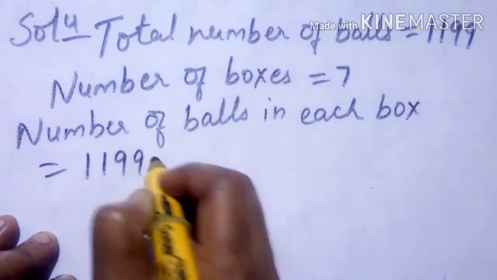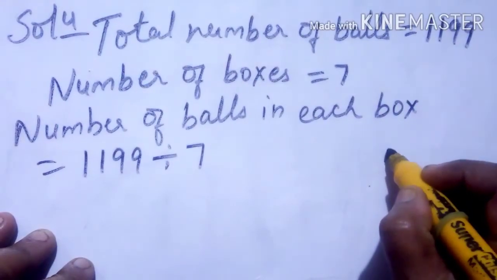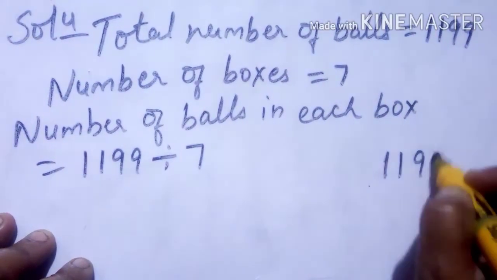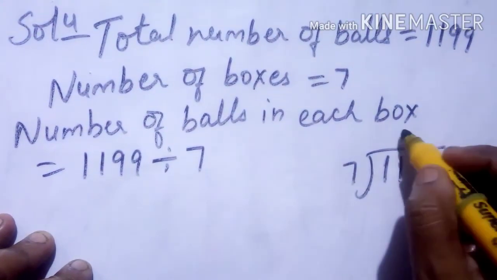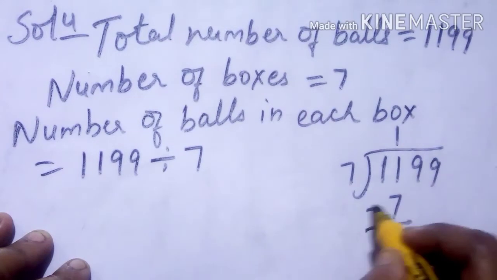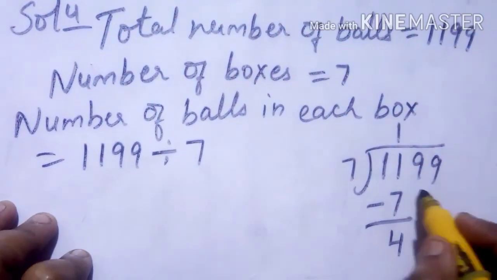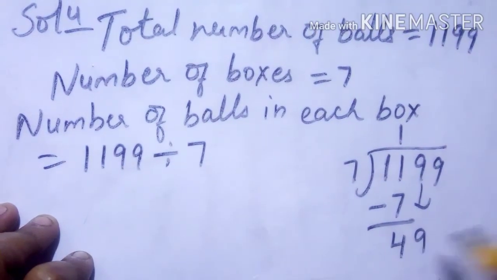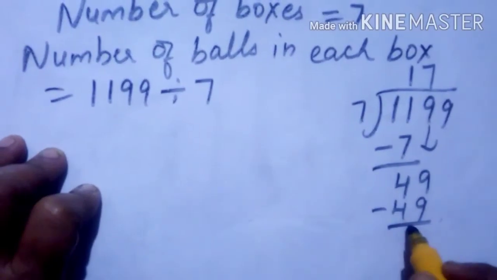1199 divided by 7. So let us divide 1199 by 7. 7 1 times 7, minus, 11 minus 7 is 4. Bring this 9 down. 49. 7 7 times 49, minus 0.